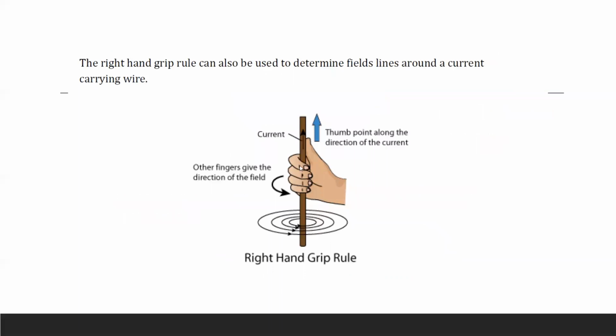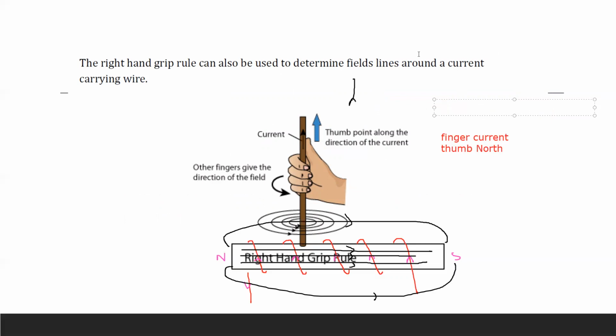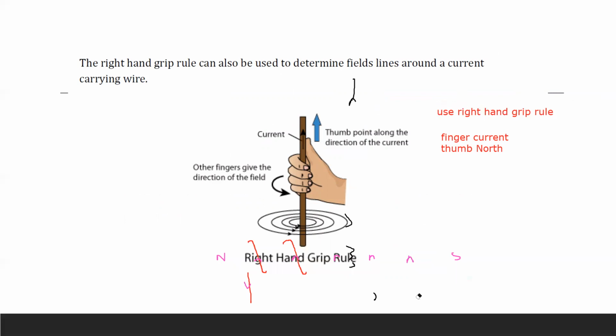In the same way, if the wire is a straight wire, then again we will use the right hand grip rule. But in this case, the thumb will represent the direction because it's a straight wire. So the opposite will happen.